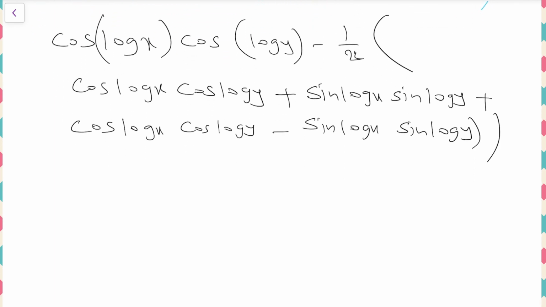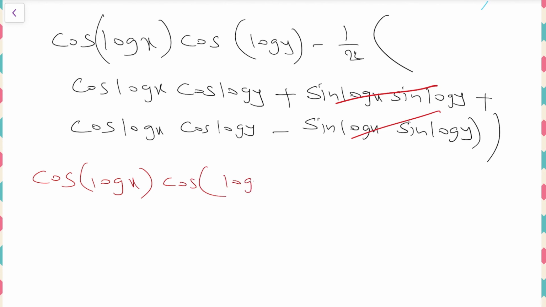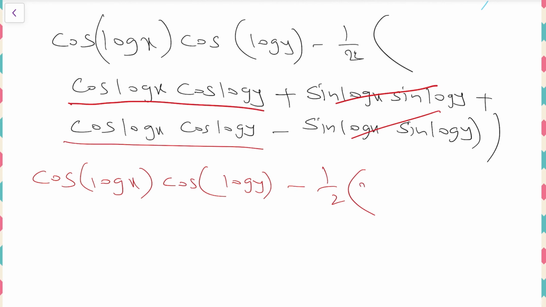If any cancellation is possible, let us check that once. Minus sin log x sin log y plus sin log x sin log y, both will get cancelled. So we remain with cos of log x cos of log y minus half into the sum of cos log x cos log y, that is nothing but 2 times cos of log x cos of log y.